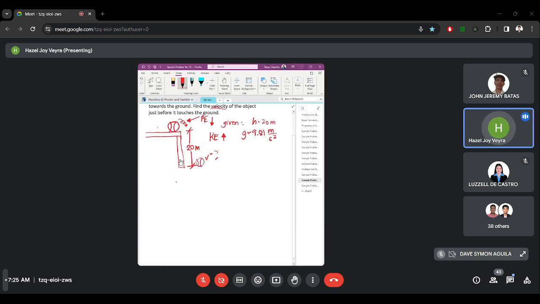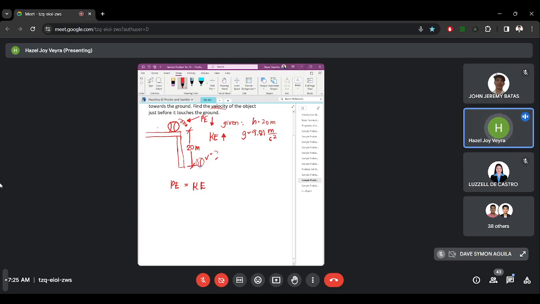So, we have the formula. In this case, potential energy is equal to kinetic energy. Bakit? Again, first law of thermodynamics, energy is not being created nor destroyed, no? It is just transforming from one form to another. So at this example, magsa-start siya containing potential energy, but that potential energy is just being converted to kinetic energy.